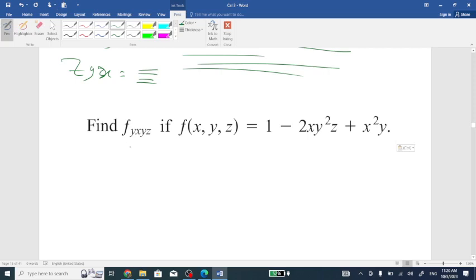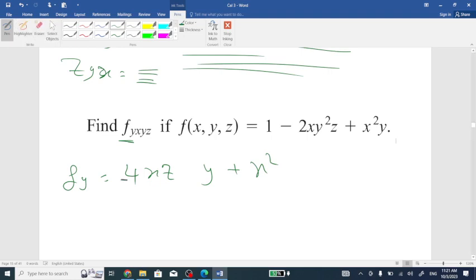By z or by y? So fy equals what? 2xz, right? 2y plus x squared, am I right? So it will be 4xyz, with a negative, of course.